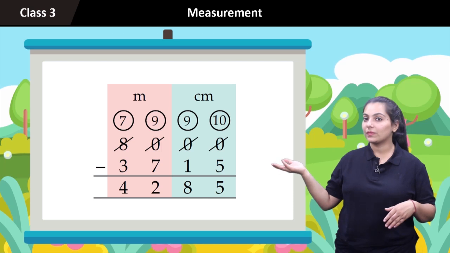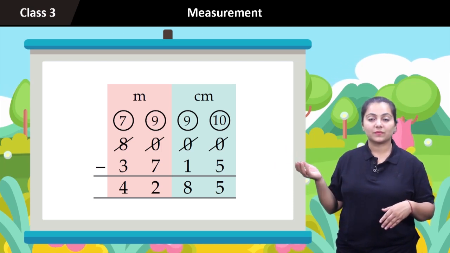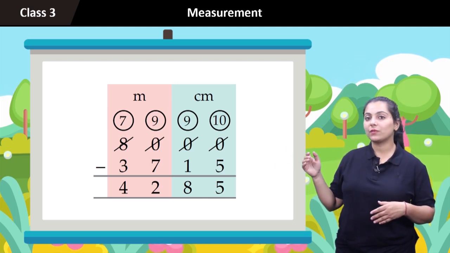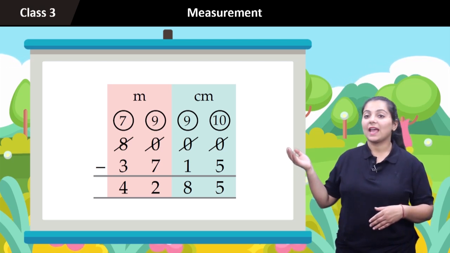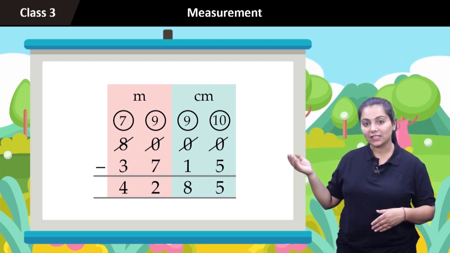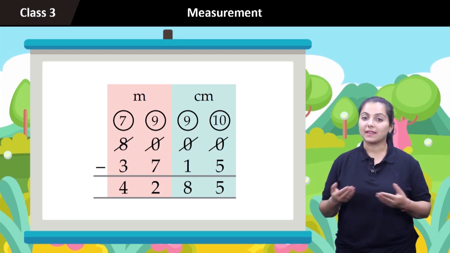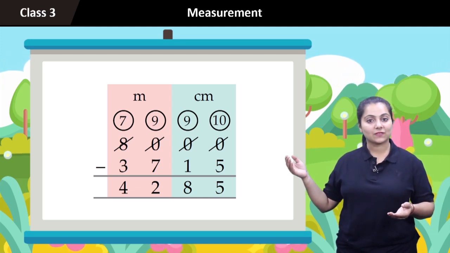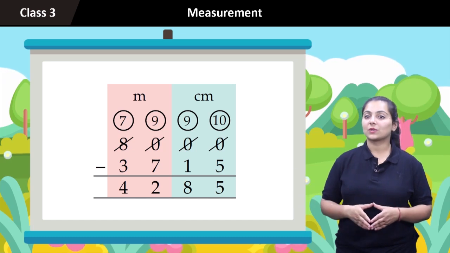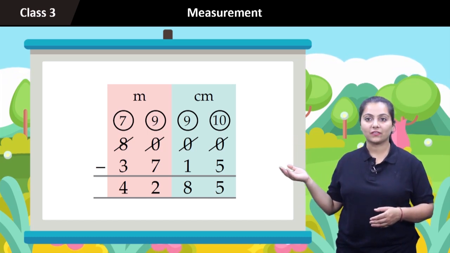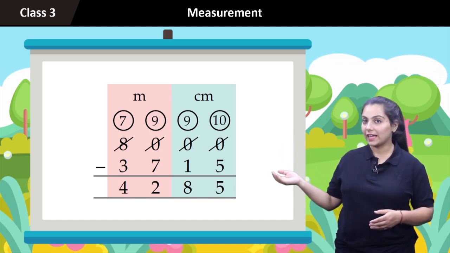It's again 0. Then we'll move to the next one. Yes, 8. 8 gives 1 to the other side and it becomes 10, and then it becomes 9, then again it becomes 9. So 10 minus 5 is 5. 9 minus 1 is 8.